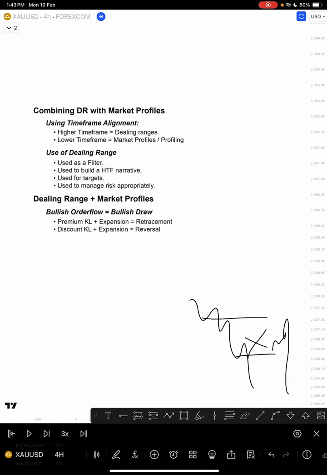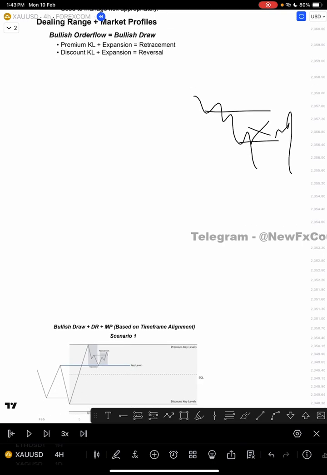So daily range plus market profiles. Bullish order flow equals bullish draw. We haven't actually talked about order flow, but we're going to talk about that soon. Premium key level plus expansion equals retracement. Discount key level plus expansion equals reversal.